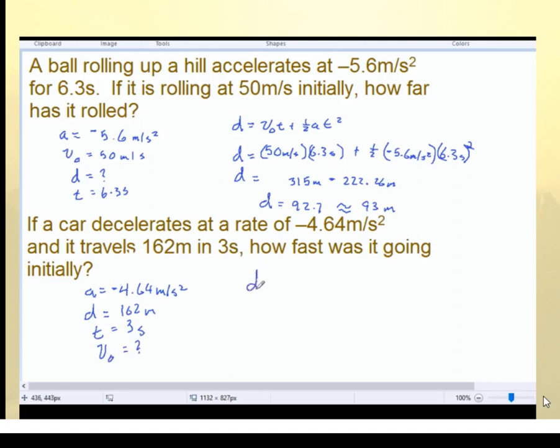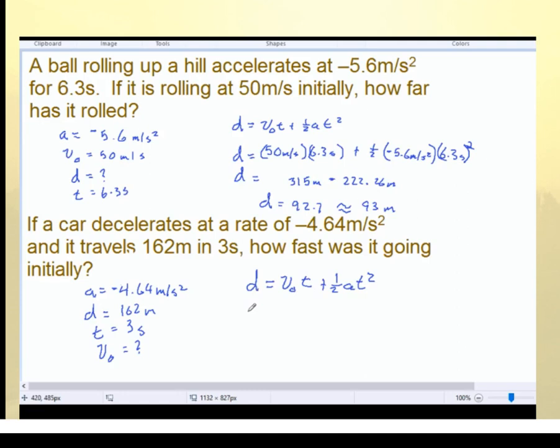Well, our formula, just like the previous problem, d equals vi t plus 1/2 a t squared. In this case, we're trying to solve for vi, and it looks like we have everything we need.